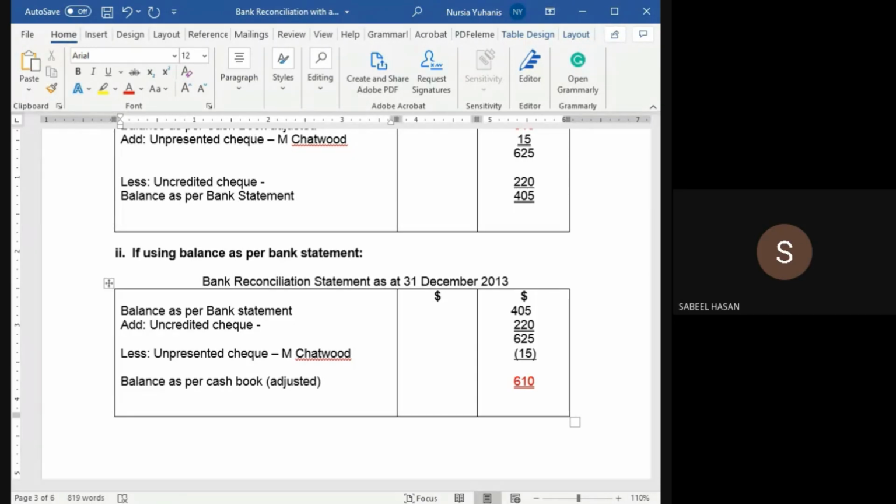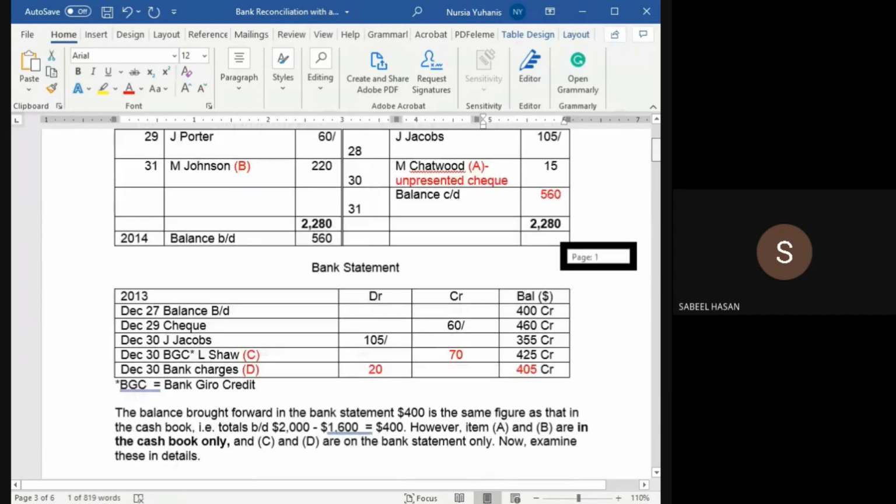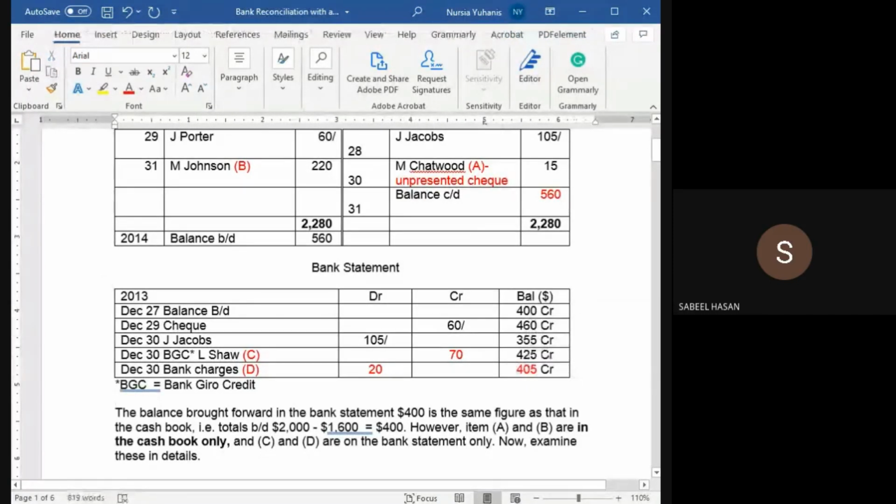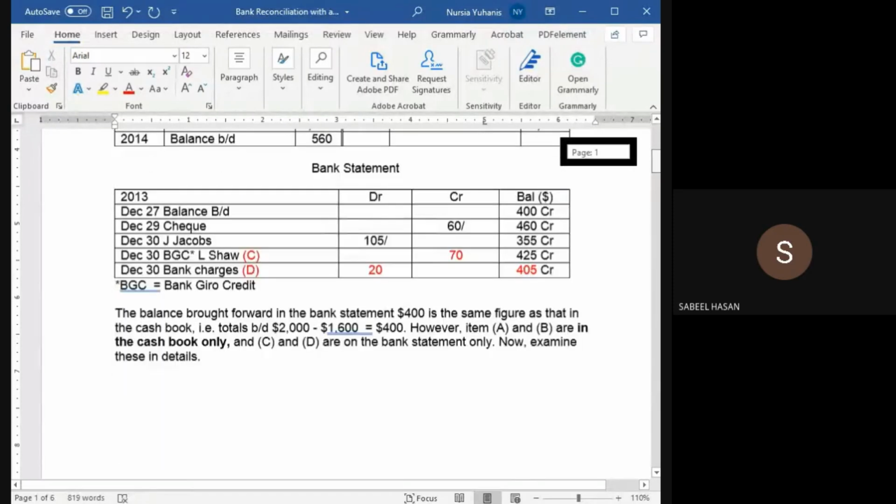Okay, let's start with balance as per bank statement. 405, again this is the amount in your question here. This is the question. Bank statement 405 is the final balance amount under the bank statement. So you start with the figure 405.